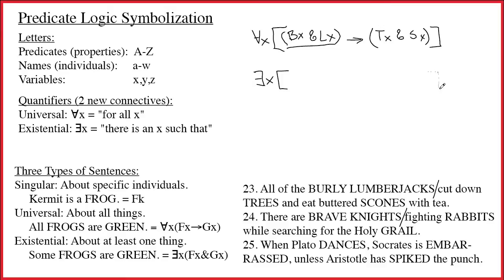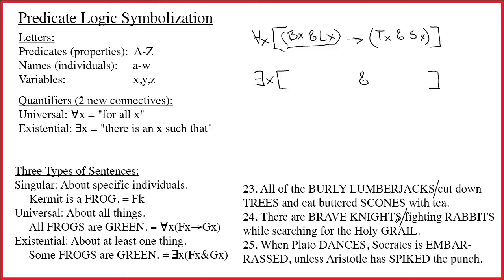Existentials also sit outside parentheses. Notice the connective that existentials go with is an ampersand. Standard universals go with arrows, standard existentials go with ampersands. We see it over and over and over again. And again, the subject goes before the connective and the grammatical predicate goes afterwards.